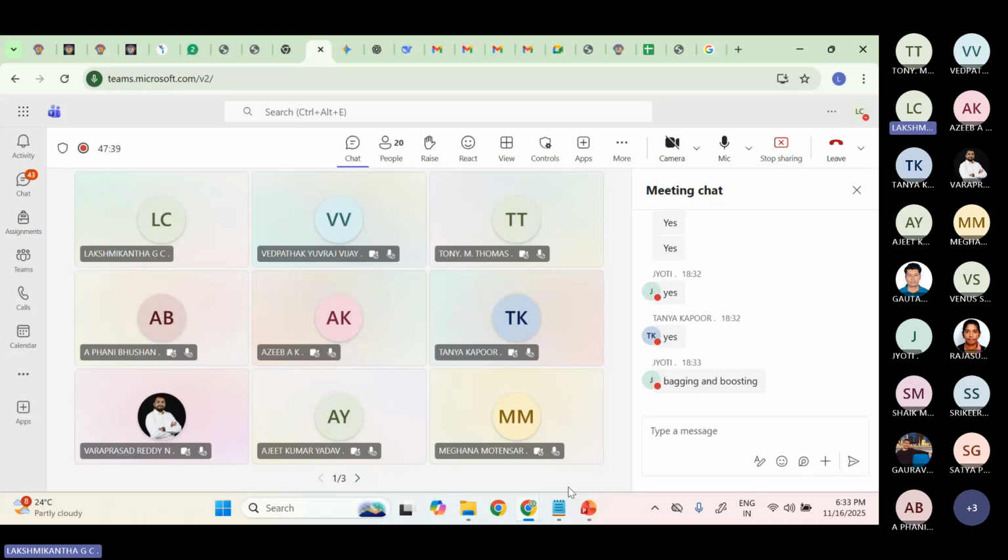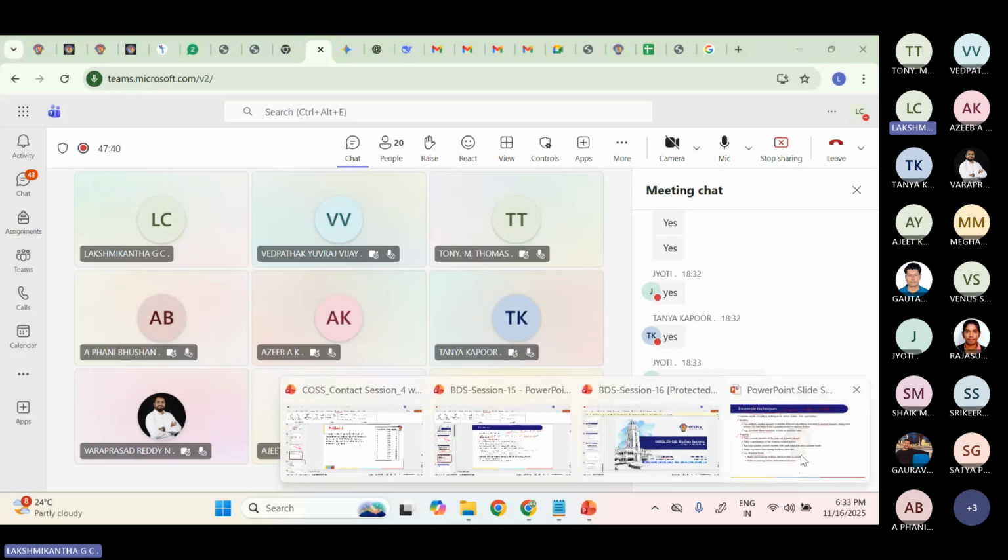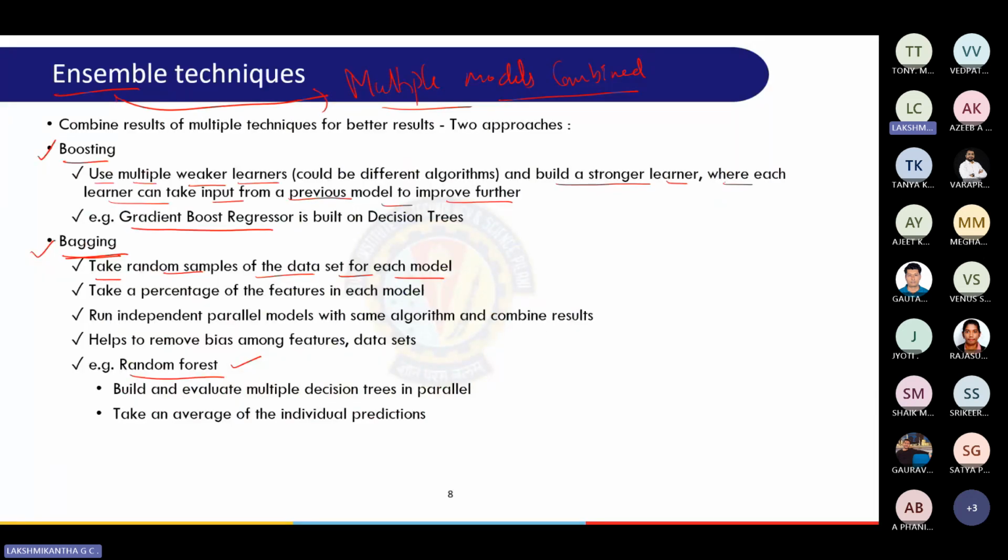Let me take one small mini concept to explain this, guys. If one tree predicts, let me take rupees instead of dollars, one tree predicts 55 lakh, another tree predicts 50 lakhs, and another tree predicts 52 lakhs. So what is a random forest going to do, guys?